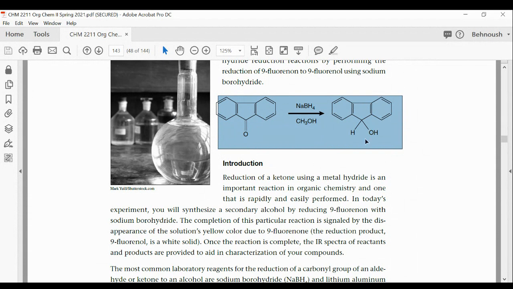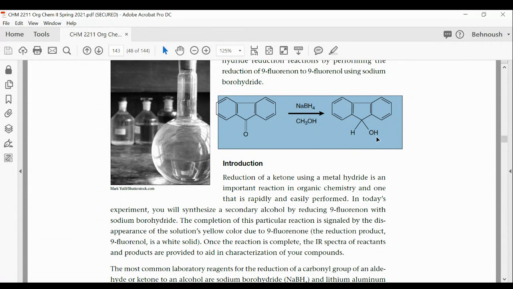We have melting point and boiling point, which are physical properties. We can use the melting point, for example, for this product, and compare that to the literature value for the melting point of this product, and decide if the product is pure or not pure.